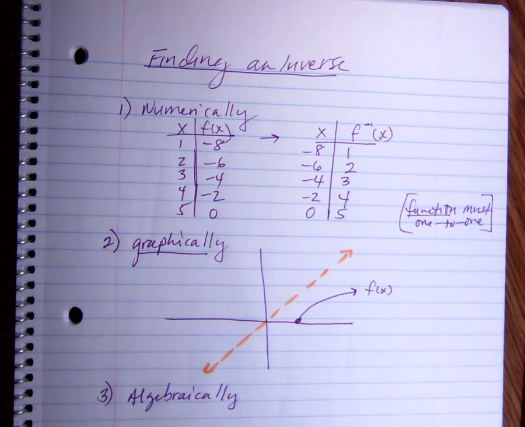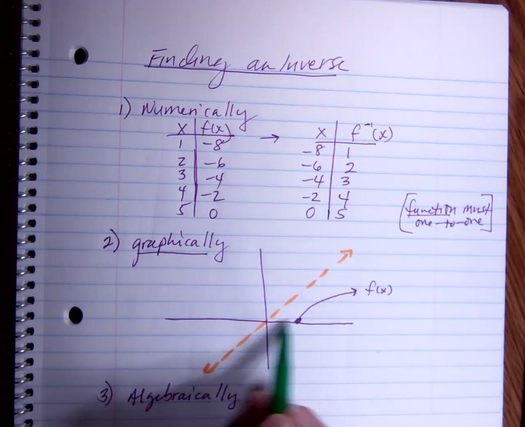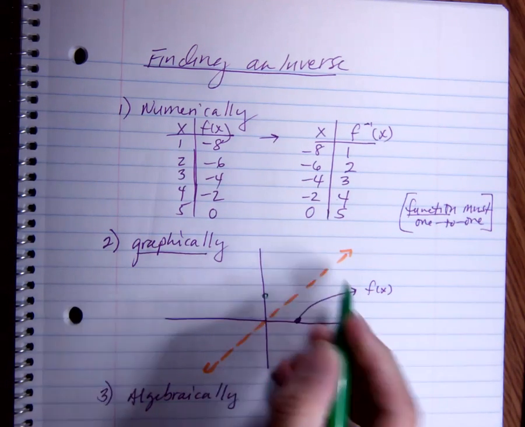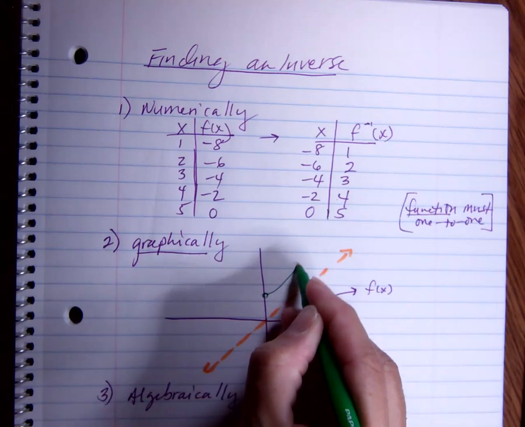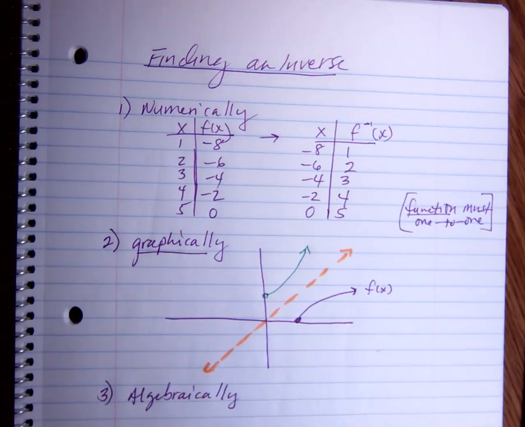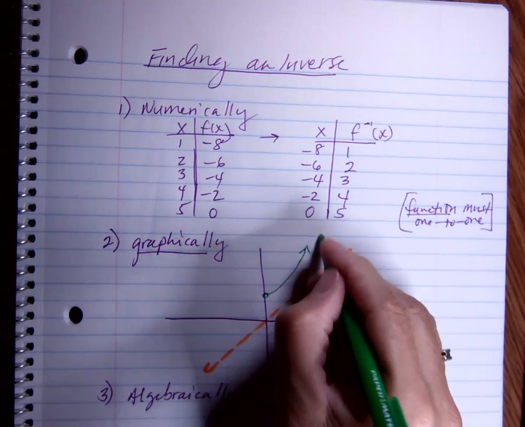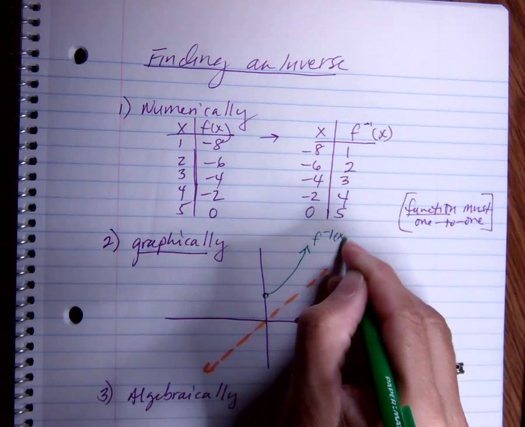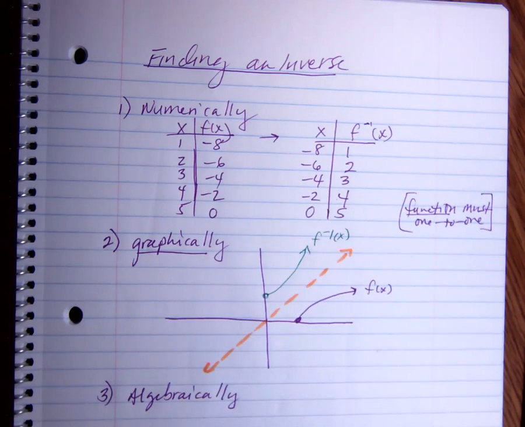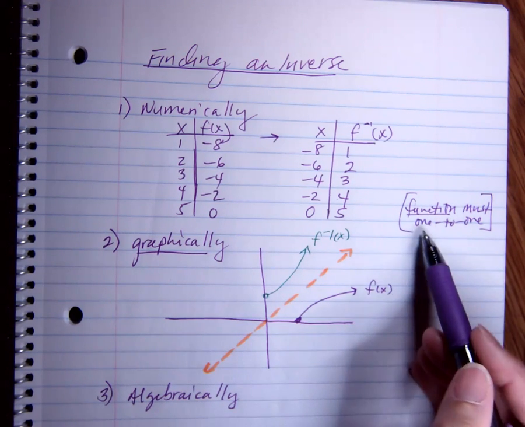So I would have to draw the mirror myself because I can't do this very well. So then I would try to measure it out and do the best I can at finding a reflection of it. And then that would be its inverse. And I'll come back to this concept again later.